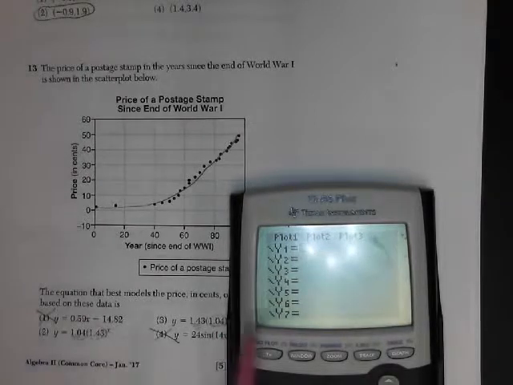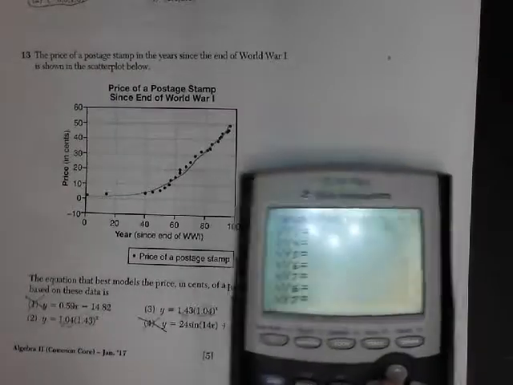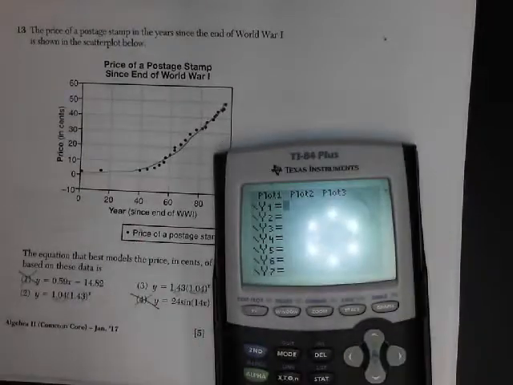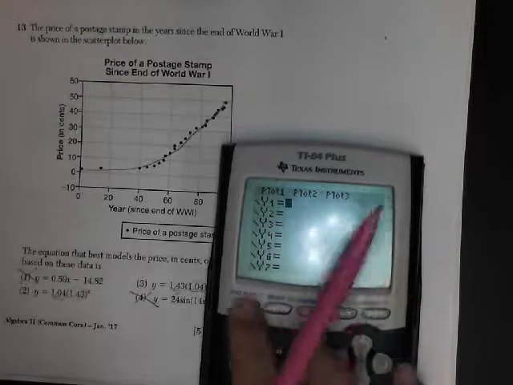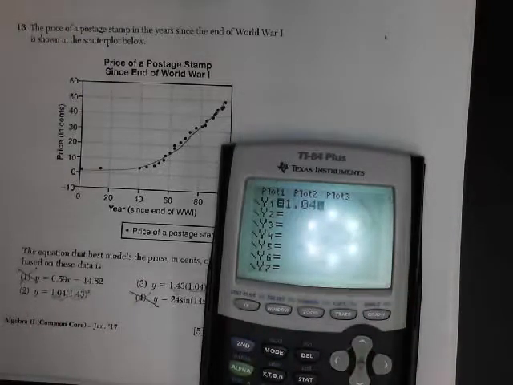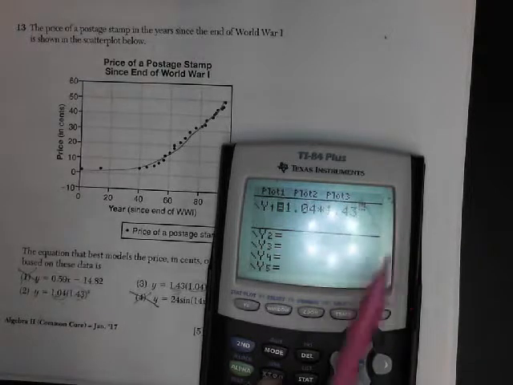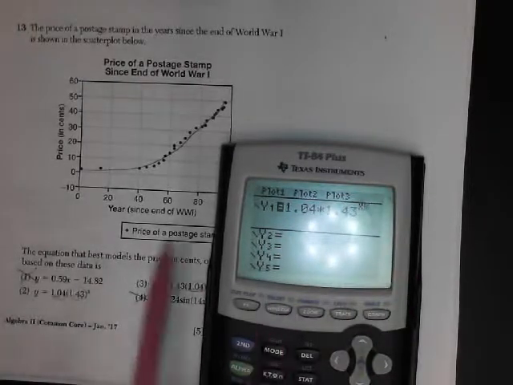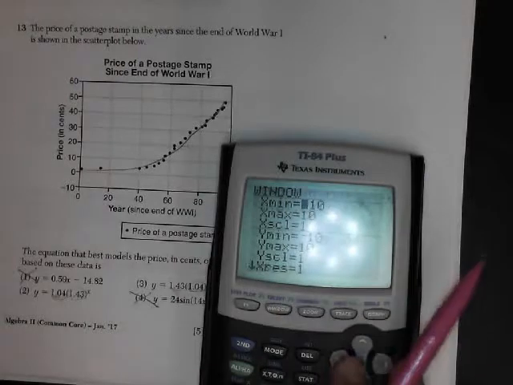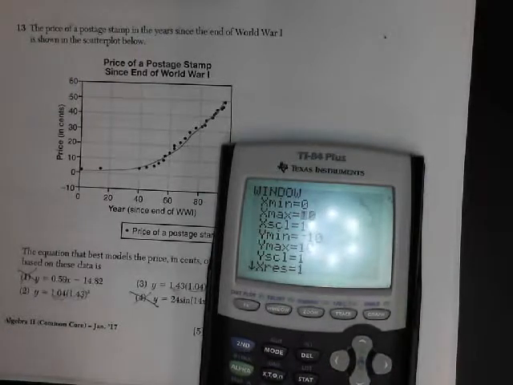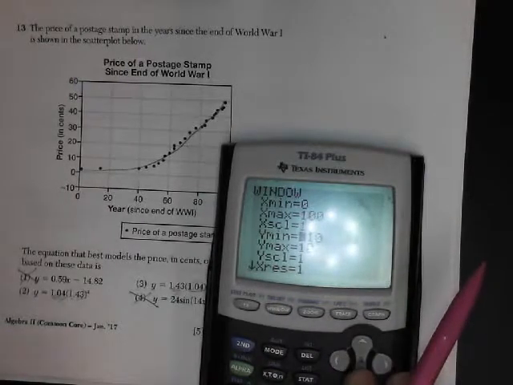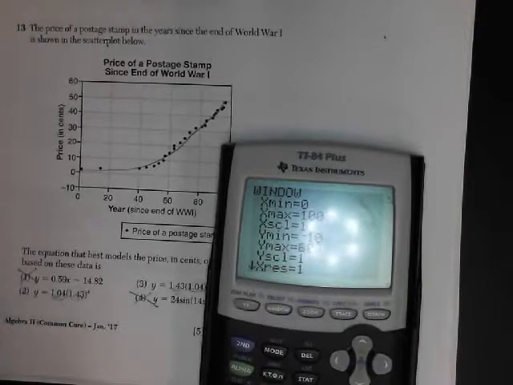I would guess 3 just based on my gut, but to be sure that it's not increasing by 43%, I'm going to graph this 1.04 times 1.43 raised to the x power. And I'm going to set my window to be exactly what I see here. So my x-axis goes from 0 to 100, and my y-axis goes from negative 10 to 60.